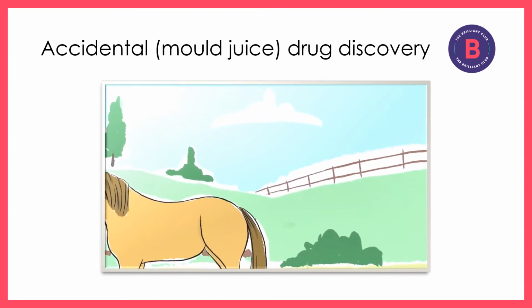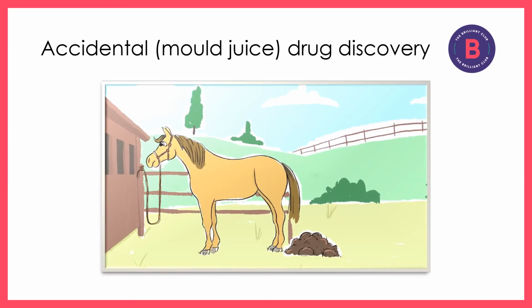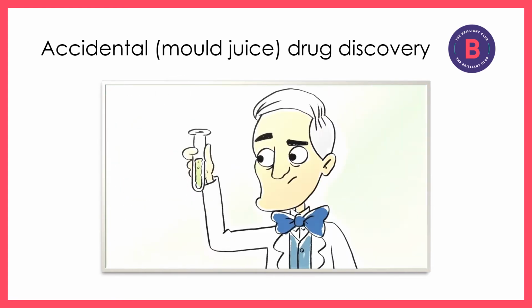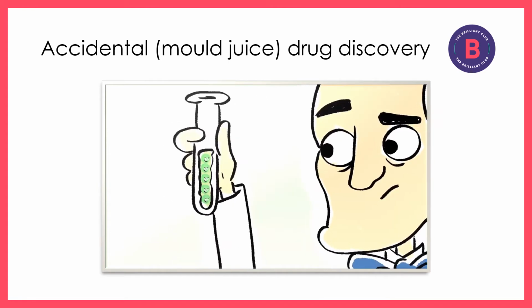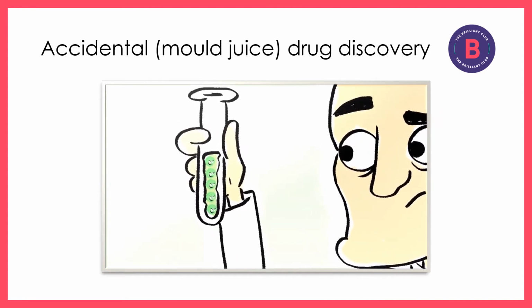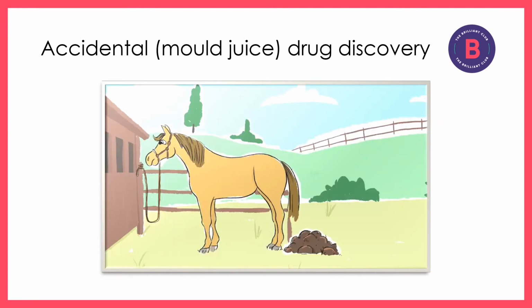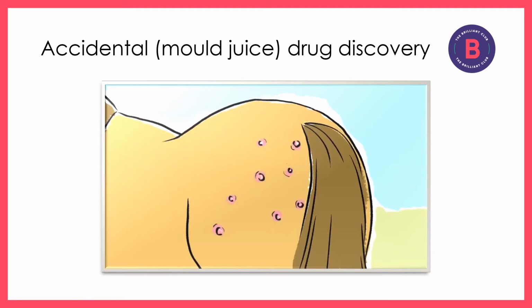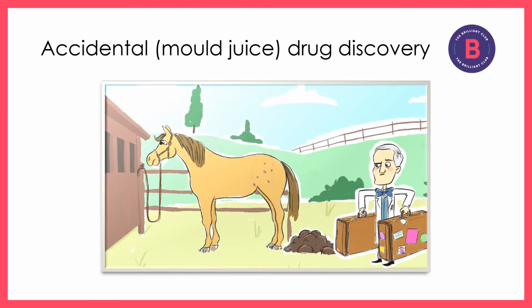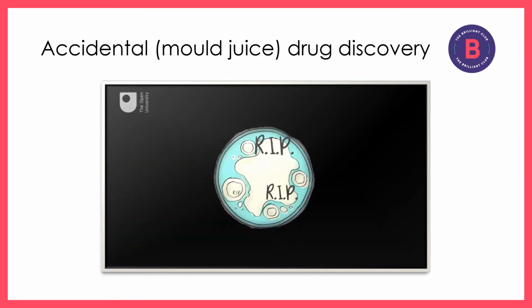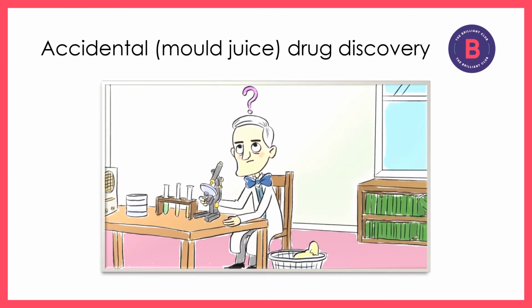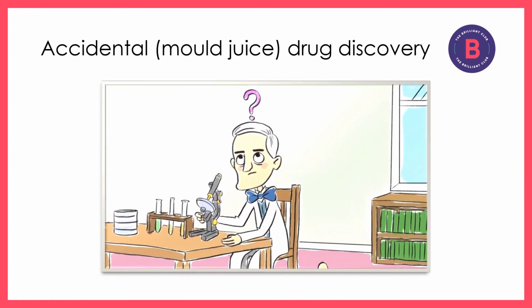Having been brought up on a farm in Scotland, scientist Alexander Fleming wasn't afraid of getting his hands dirty, examining nasty bacteria like Staphylococcus aureus, which in humans, as well as horses, can cause death as well as vomiting and boils. One day, in 1928, Fleming came back from his holidays. He found some cultures of the Staphylococcus aureus bacteria, which he'd meant to throw away, had died. But instead of throwing them away, he stopped to think, what might have caused some of his sample to die and the rest to live?